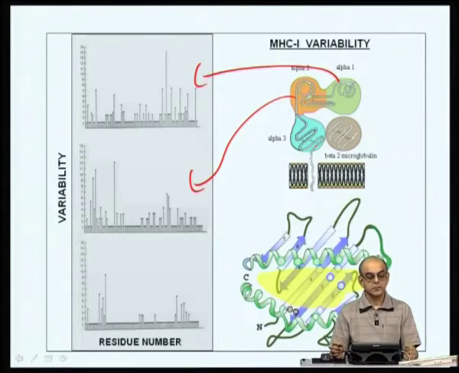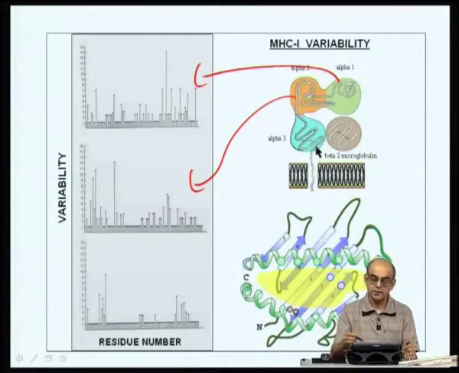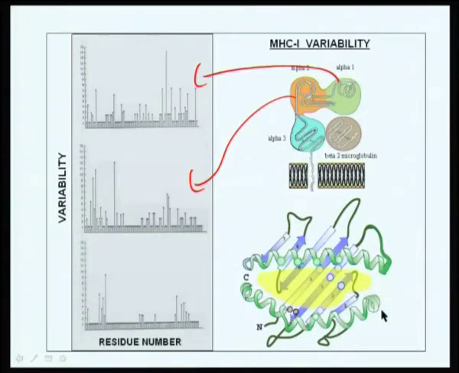If one looks at the MHC molecule from the top, this is the view that you will get. This is the model that has been arrived at, looking at the X-ray diffraction patterns of all of the HLA molecules, especially in humans.